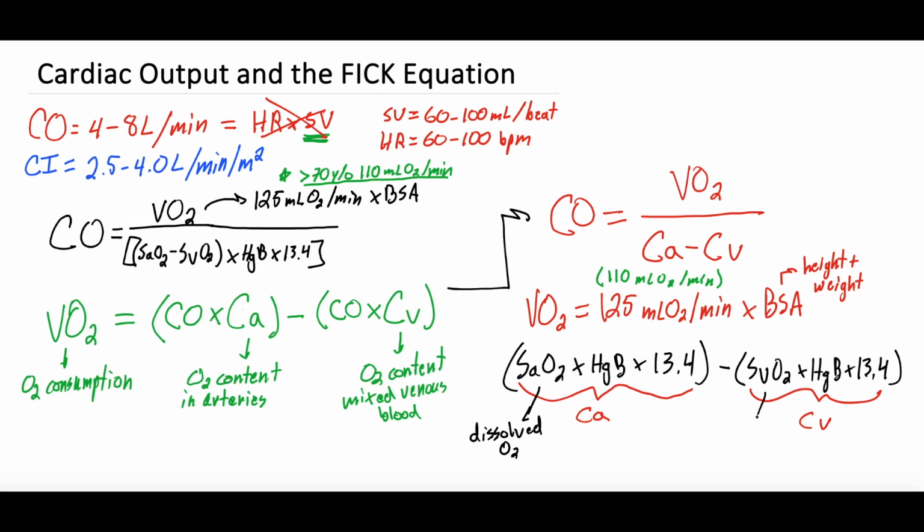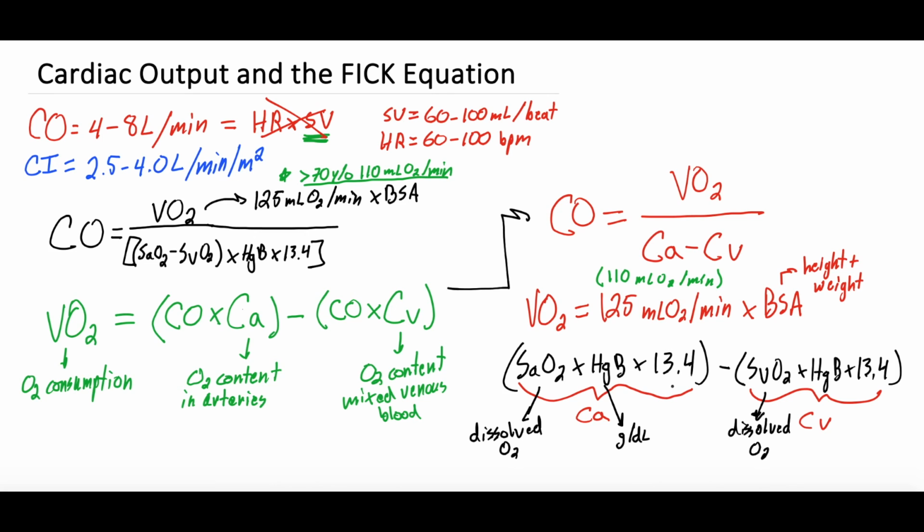This is the amount of dissolved oxygen in the veins. But then we also have to look at the amount of oxygen attached to hemoglobin molecules, right? And that's where we need the amount of hemoglobin. And we know that hemoglobin is measured in grams of hemoglobin per deciliter of blood.